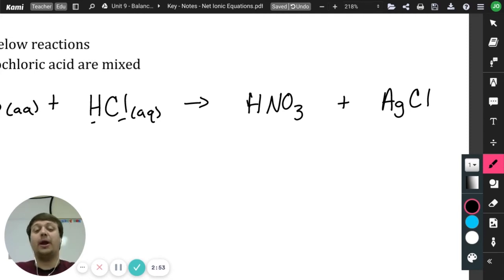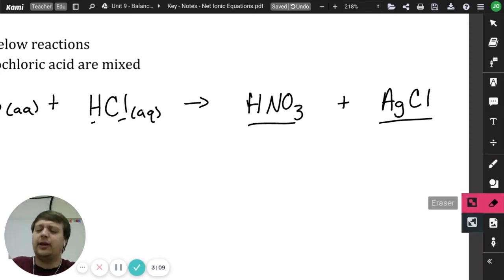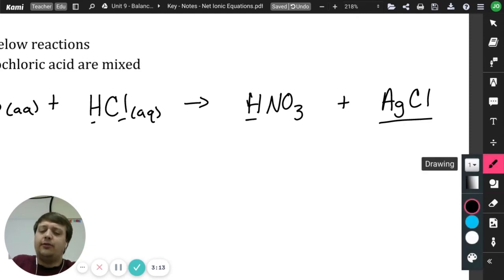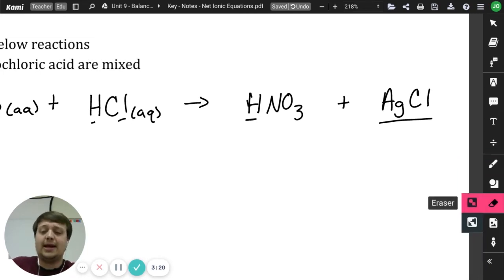Okay, so now what I need to do is I need to decide whether or not HNO3 and AgCl are aqueous. Okay, so I need to decide if they are going to be soluble. How do I do that? Well, I think about my solubility rules. First off, looking at my HNO3 here, this starts with hydrogen, right? Well, again, what I told y'all is that if something starts with hydrogen, it is probably going to be an acid, right?